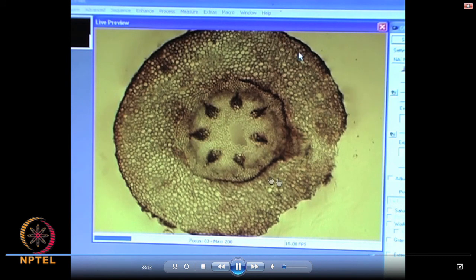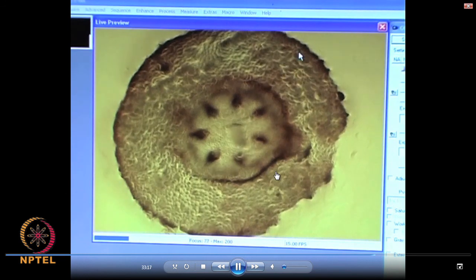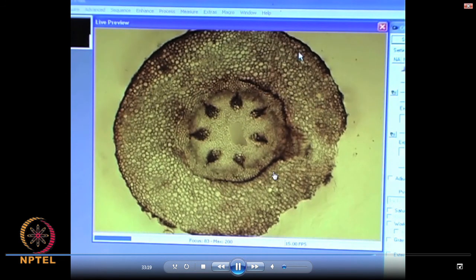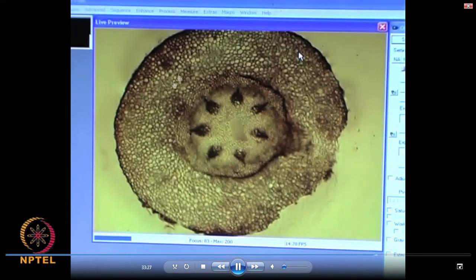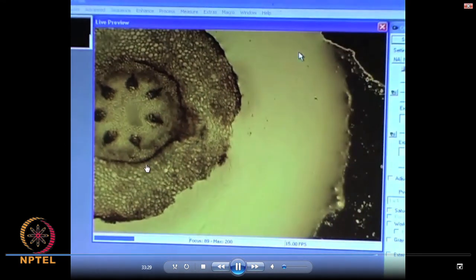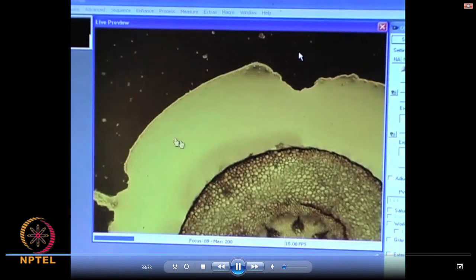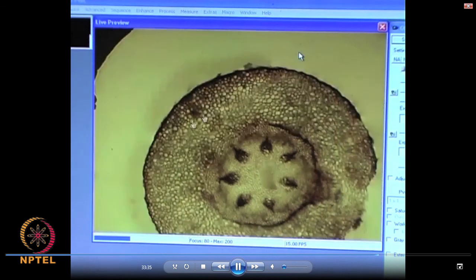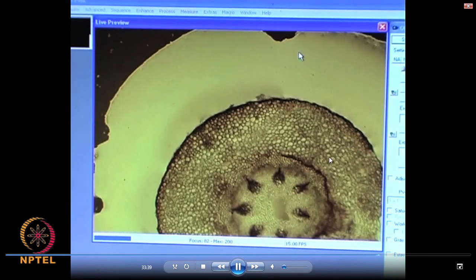The botanical information is not known, but our interest is just to look at the contrast enhancement. Because of the difference in the optical density within this material, you are able to see this. What we are seeing as white here is water, and this is your banyan tree root cross section.